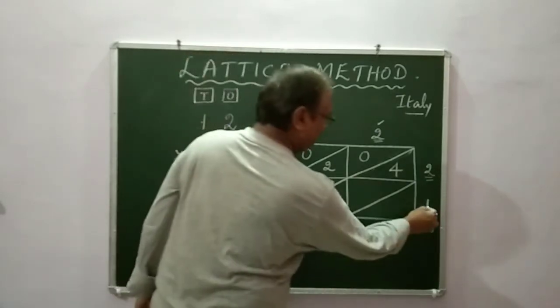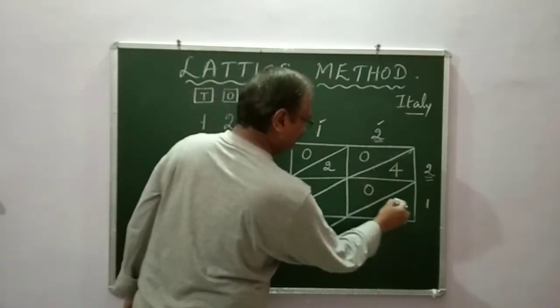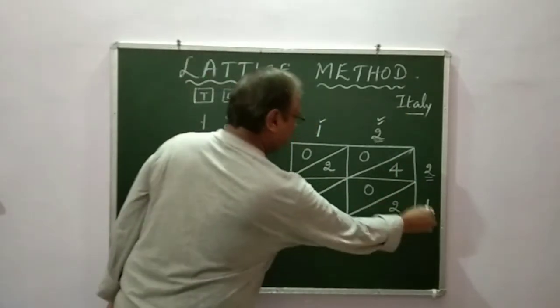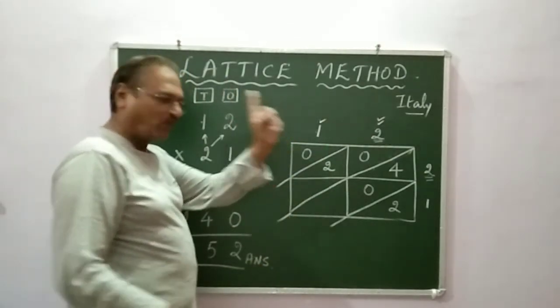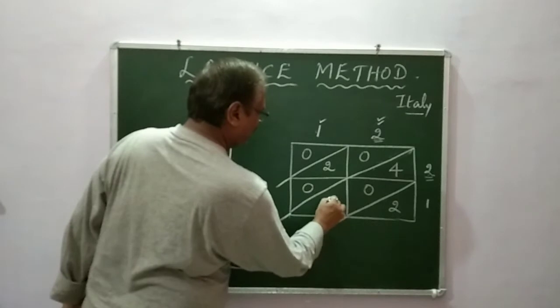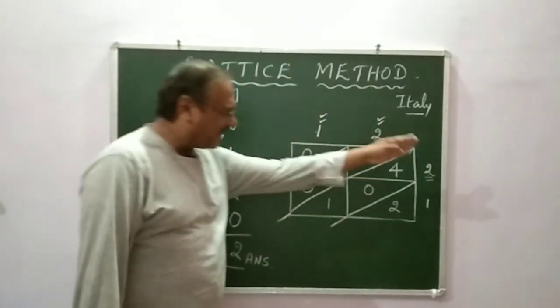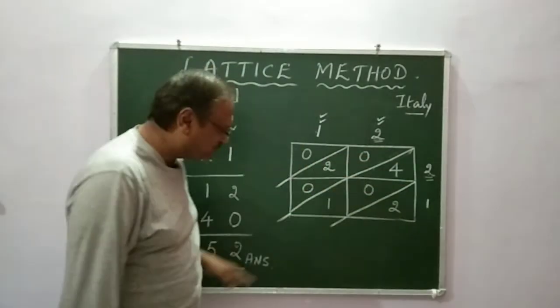Now 1, 2. 1 two is 2. So 0, 2. Put one more tick. Now 1 one is 1. So 0, 1. Put another tick. Now we have to add all in the diagonal. All in the boxes like this.